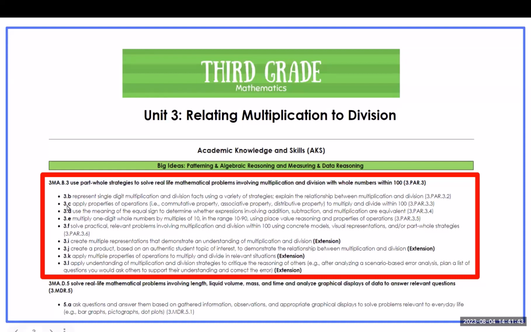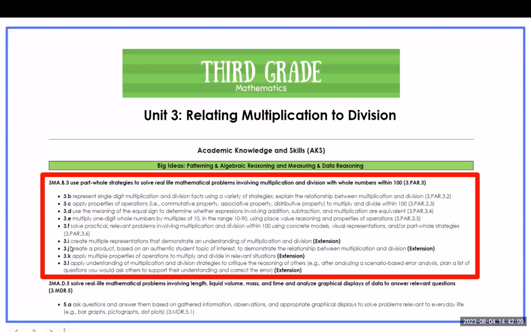It is embedded within IOA 3D. We explored IOA 3D in Unit 2, and it is further explored here in Unit 3. In Unit 3, students will also learn how to multiply one-digit whole numbers by multiples of 10, ranging from 10 to 90.